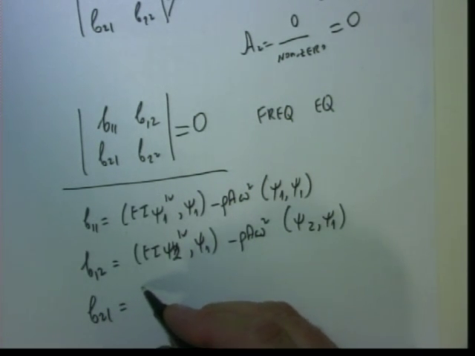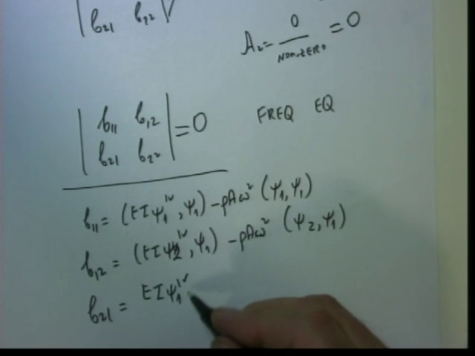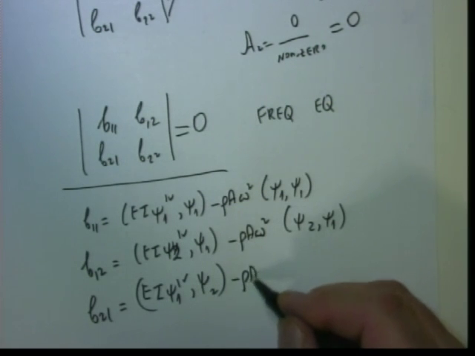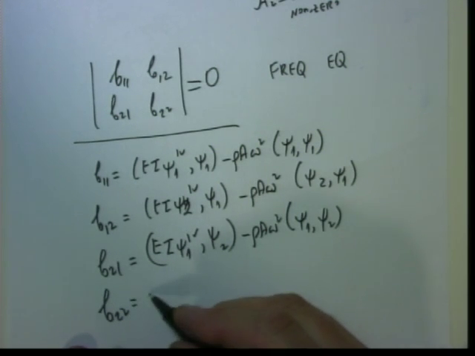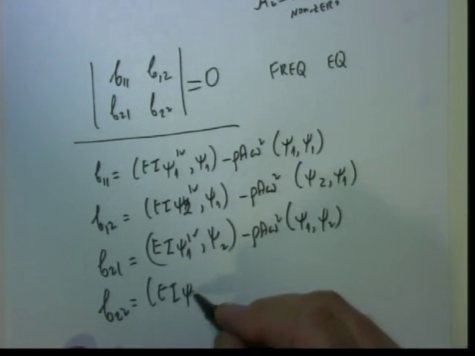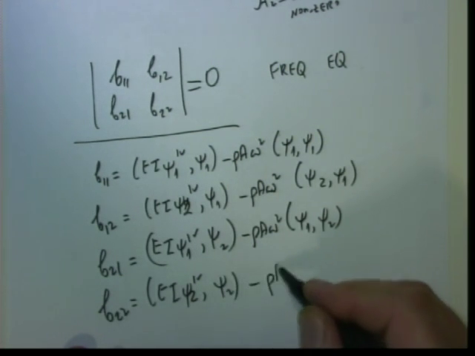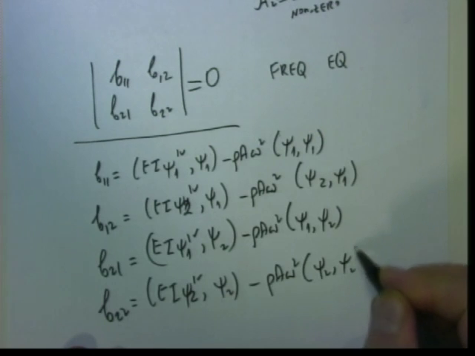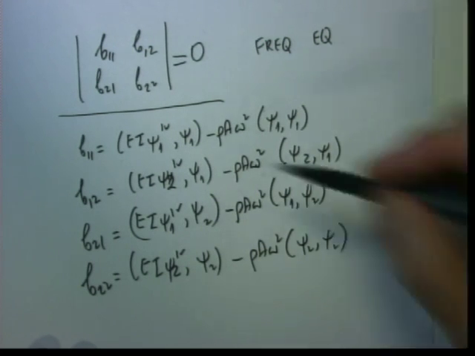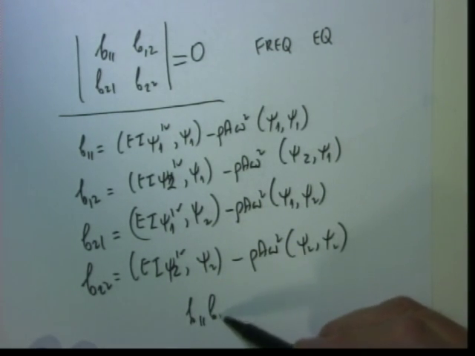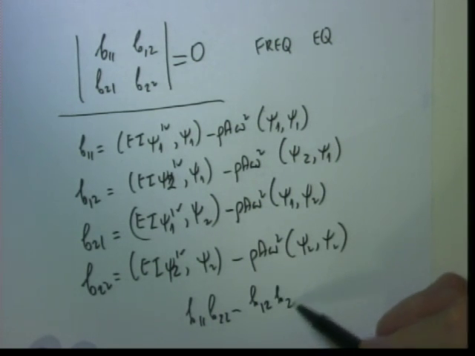B21 equals EI psi 1 fourth derivative psi 2 minus rho A omega square psi 1 psi 2. And B22 equals EI psi 2 fourth derivative psi 2 minus rho A omega square psi 2 psi 2. So then it is B11 times B22 minus B12 B21 must be 0.